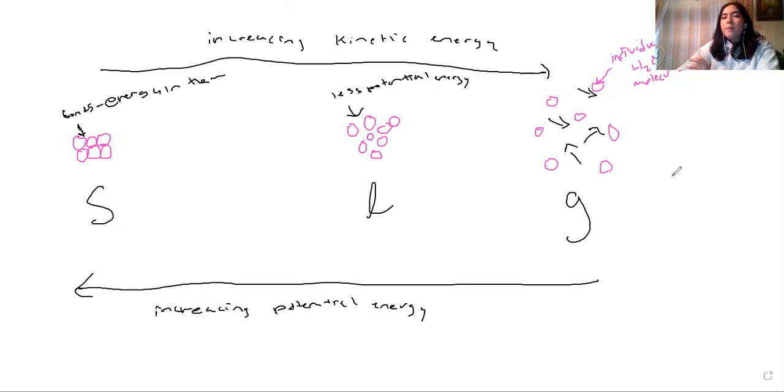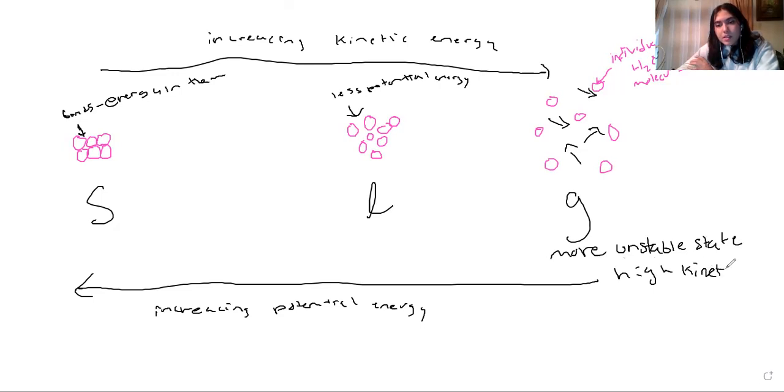So you have a more unstable state, high kinetic energy. If you get this, you're pretty good. Just understand that there's energy in bonds based on the difference in electronegativities, and they can be released or reformed at any time.